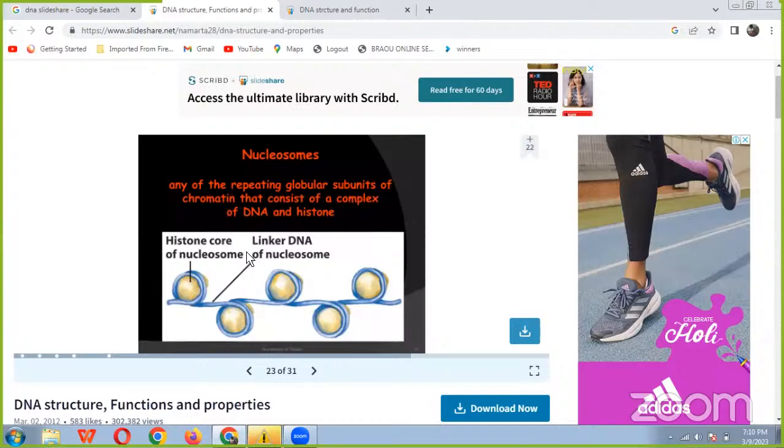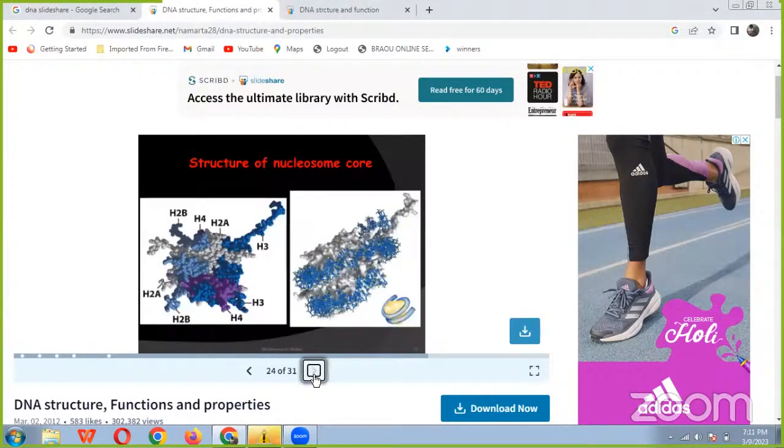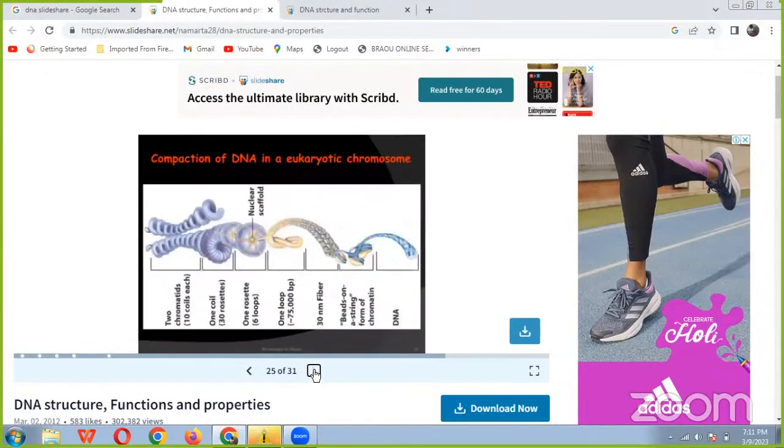Histone proteins are attached to the histone core of the nucleosome, and these are the linker DNA. Next one, linker DNA of the nucleosome. The nucleosome has the histone proteins.